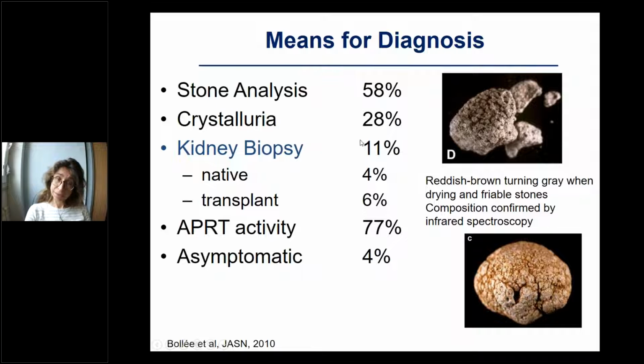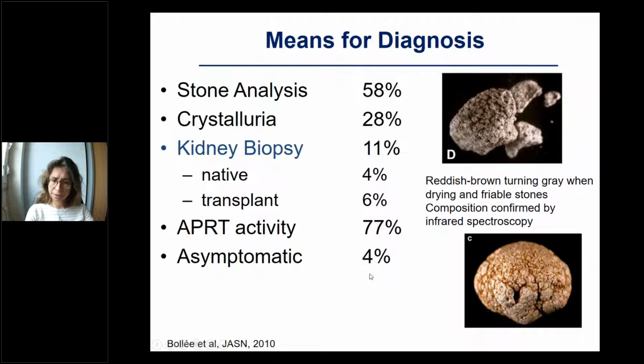In this series, some patients had diagnosis on renal biopsy, 11% of them, both native or transplant biopsy. We will speak about that a little bit later. And another way to have the diagnosis, as soon as you have suspected it, is to analyze the APRT activity.